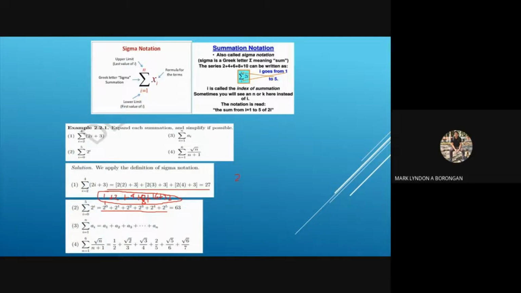And then as you can observe from our first example, from 2 up to 4, meaning tulo ka values imong substitutan. So if tulo ka values, tulo ka terms. So isa, duha, tulo.